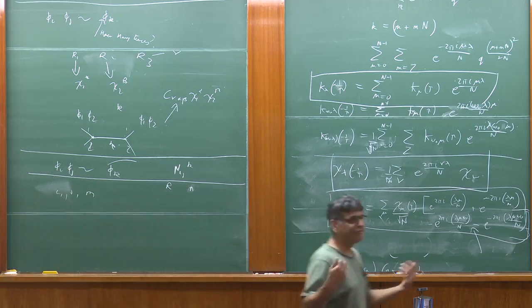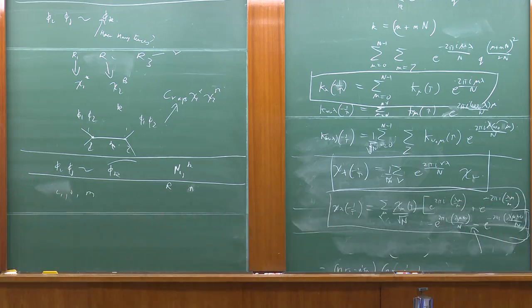So by fusing two, we had these integers N_ij^K, which told us how many K's we get by the fusion of I and J. But that was just with two. Suppose we want to fuse three. Then how many different ways are there?